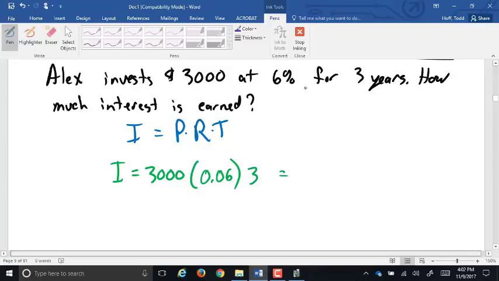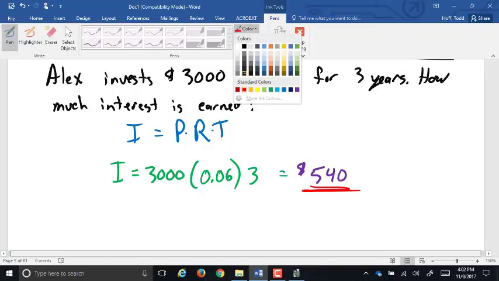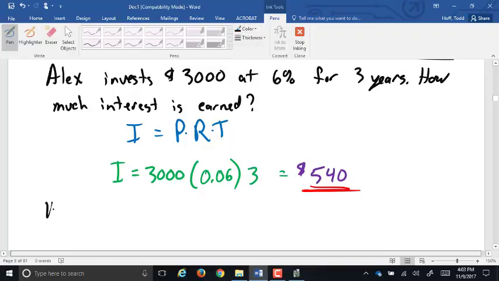So we multiply that out. 3,000 times 0.06 times 3 years. Is that $540? So that's the amount of interest, $540.